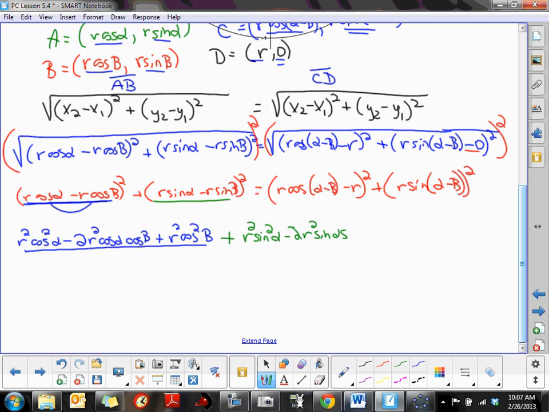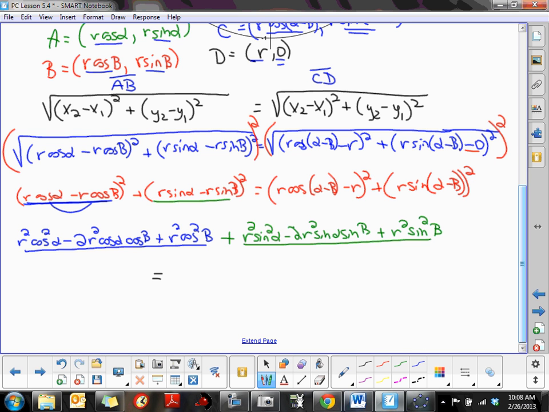I'm trying to be careful not to make any mistakes. Then the second term squared is plus r squared sine squared of beta. That's just squaring this binomial. So I got two trinomials from squaring those two binomials. You can see the equation is getting quite long, so I'm going to have to wrap around over here.